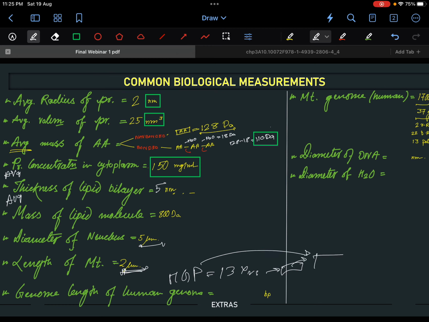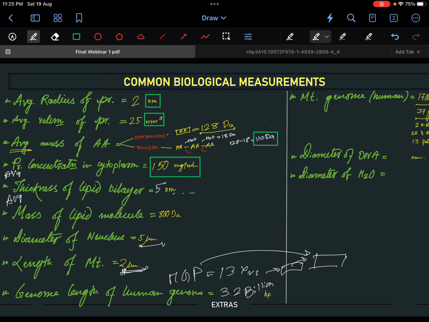You will understand how far we have come in terms of biotechnology. So the genome length of human genome is 3.2, not million, it's a billion. 3.2 billion base pair. It is in billions, not millions. That is the genome length of human genome.